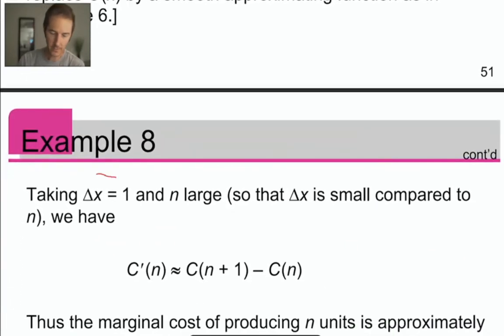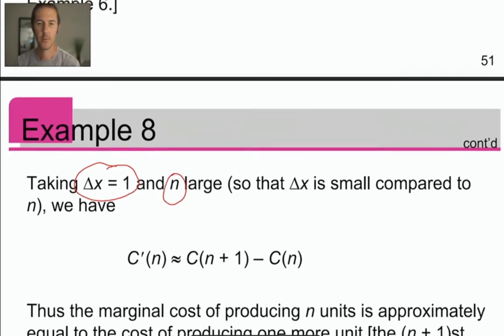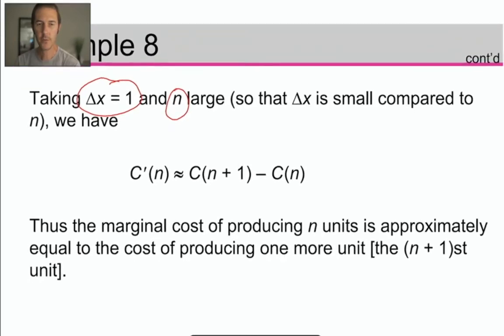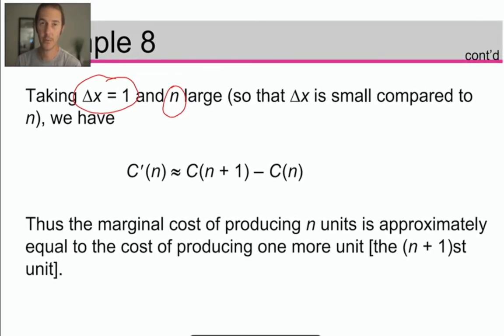So if we take delta x equaling 1, and now you know why they're doing that, and you produce a fairly large number of items, then normally that denominator is some extraordinarily small number, which with a numerator of 5 would cause this huge difference to exist between a trillionth in the denominator and a 5 in the numerator.